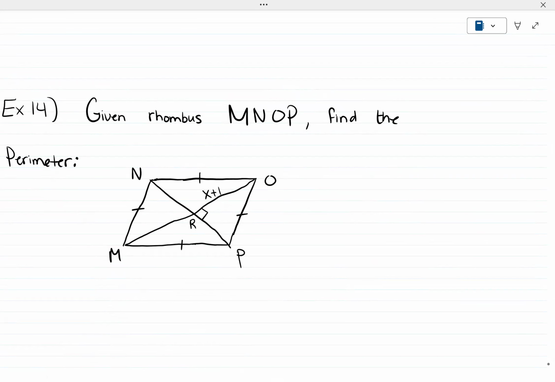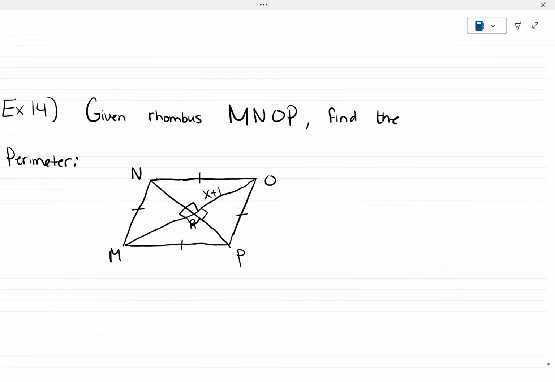Let me go back to the notes. No, in a rhombus, the diagonals are not congruent, but they do form 90 degrees. So this is a 90, this is a 90, this is a 90, right?